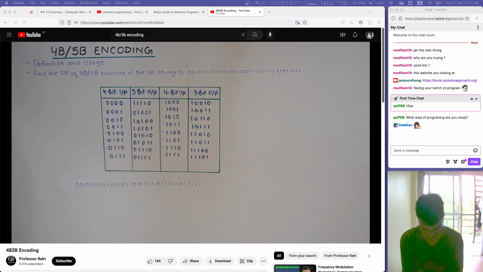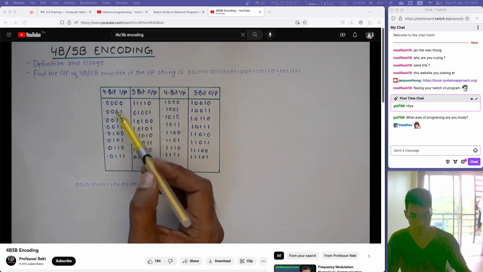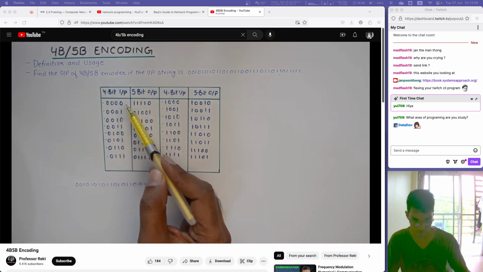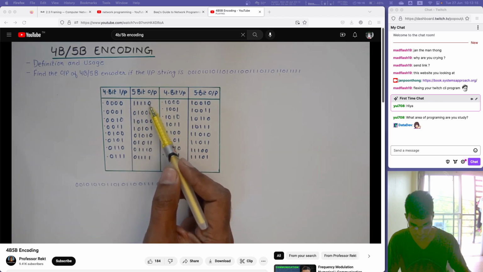Now this table is taken from Wikipedia. I do not know the rationale behind generation of the output of the encoder, but the fact of the matter is for a 4-bit input, for example 0000, this code is encoded into a 5-bit output code, which is 11110.